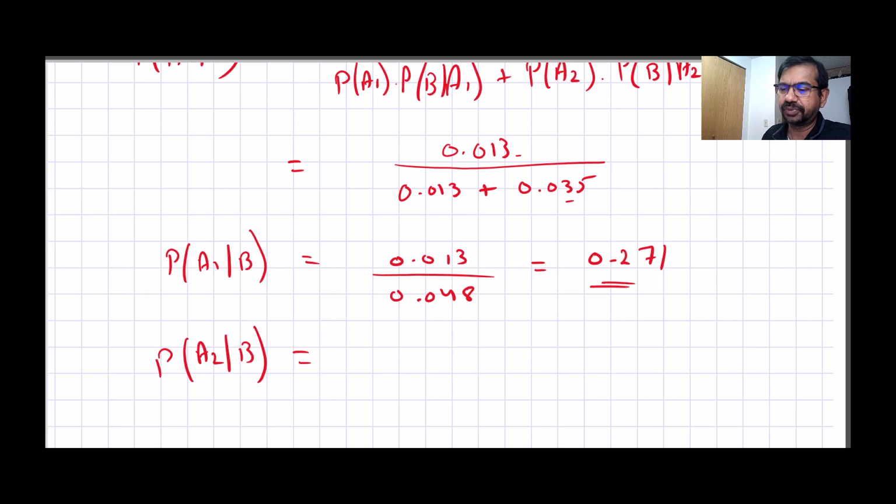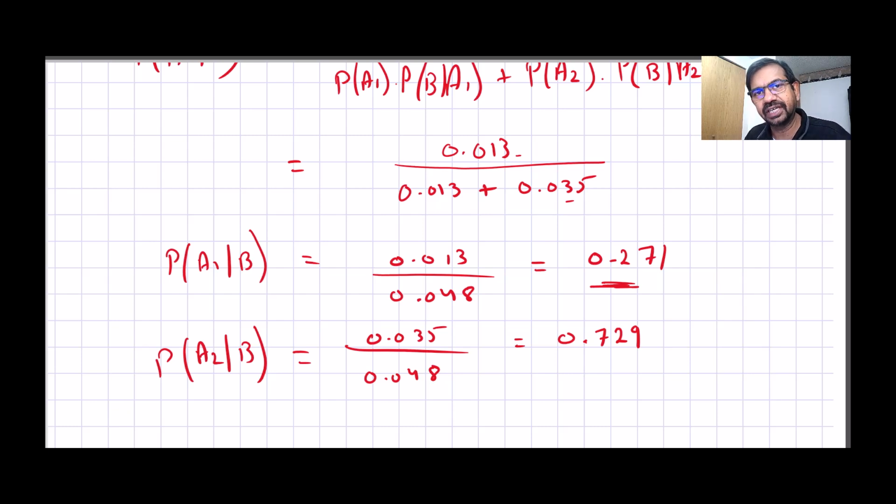So it'll be 0.035 divided by 0.048, or we could have also done 1 minus this because it's a complement event, and we would have gotten 0.729. And this makes intuitive sense as well.